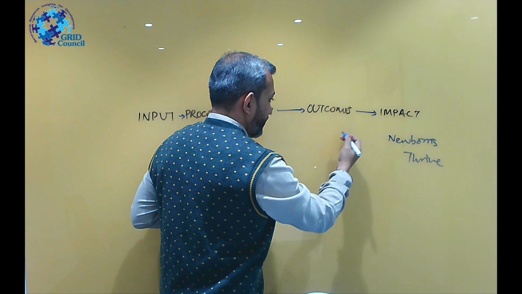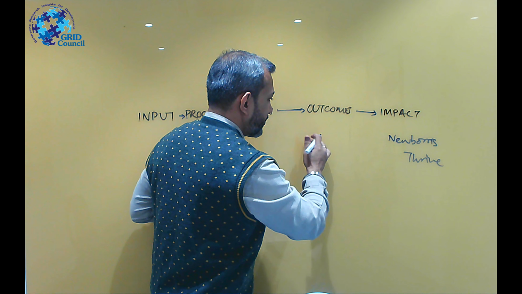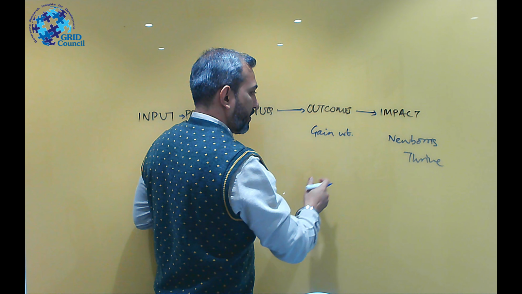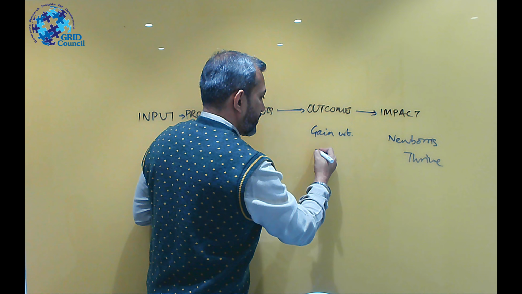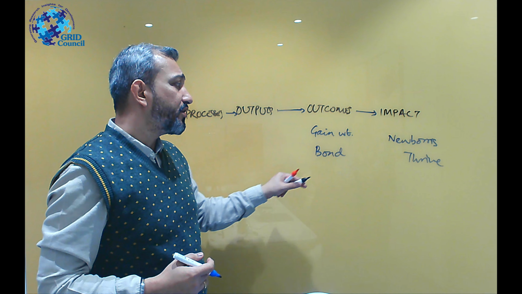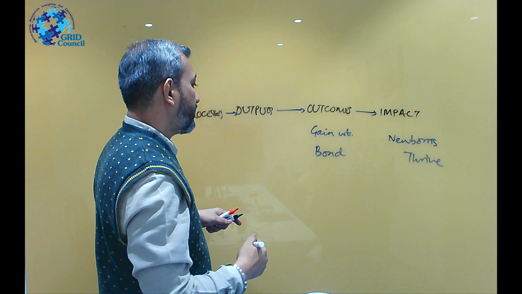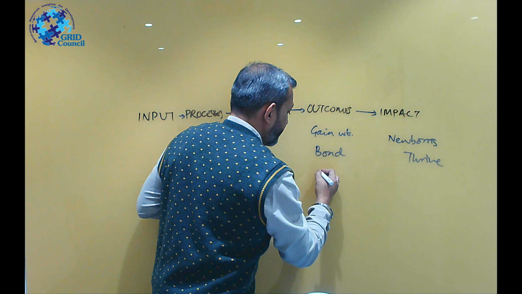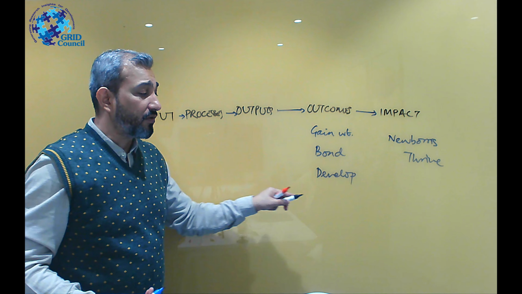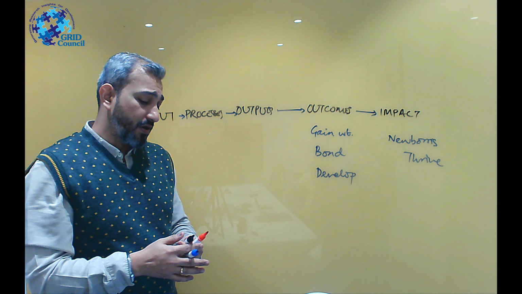For newborns to thrive, these newborns must gain weight. These newborns must be able to bond with their mothers, with their families, and these newborns must develop. Typically, that means there has to be adequate neurodevelopment.